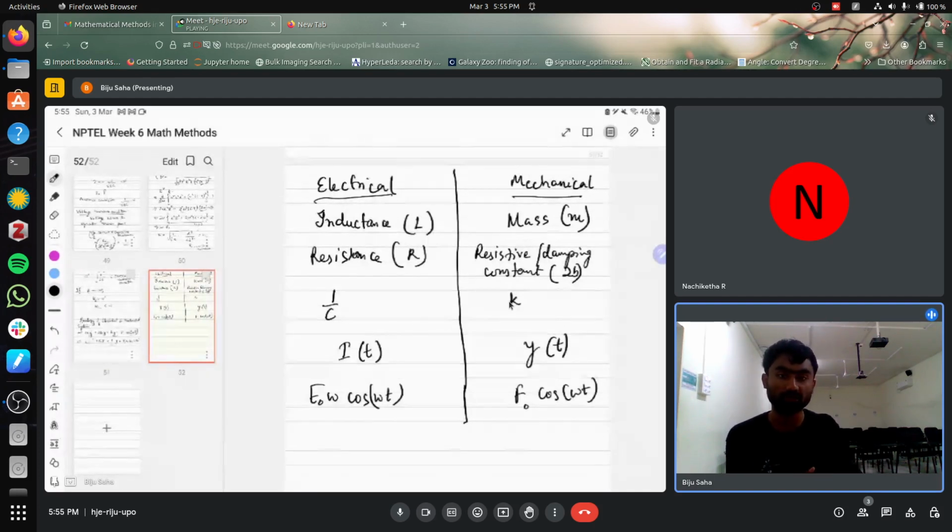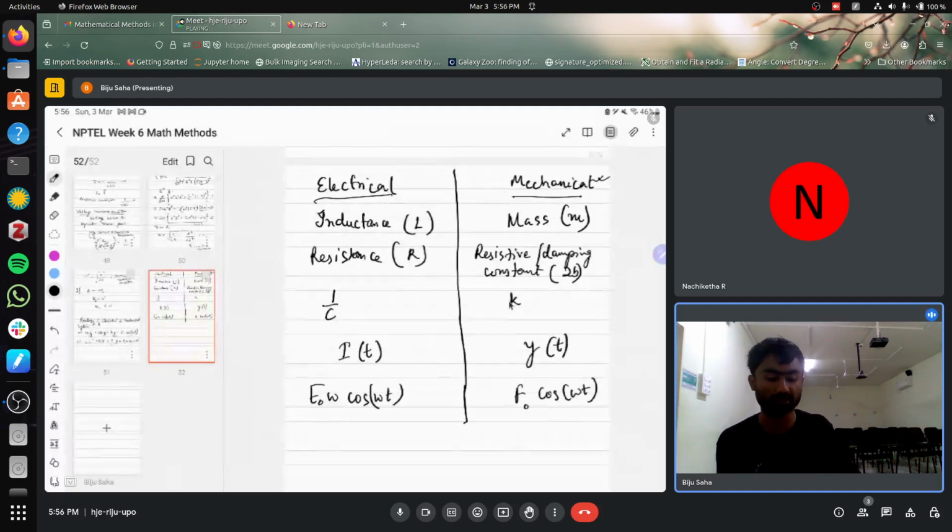In the real world it's a bit difficult to formulate a mechanical system, but electrical circuits can be measured easily since they have the ammeter and the voltmeter, which give a proper measurement of every quantity. So we can set up an analogous electrical circuit for the mechanical system, and whatever quantity we get from the electrical circuit can be easily mapped to the corresponding mechanical system.